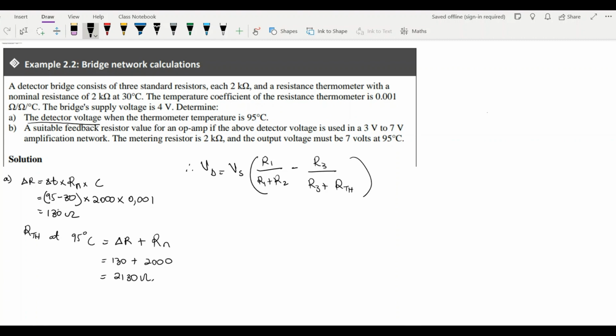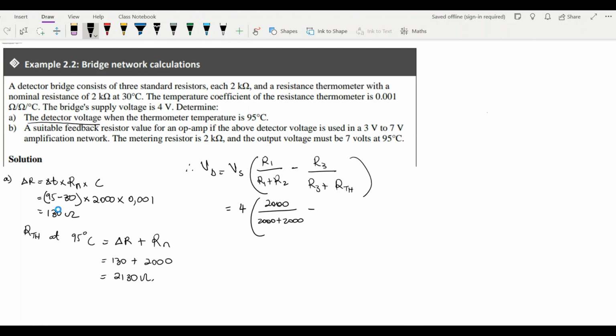But in this case, we needed to calculate the thermometer resistance, not the nominal resistance, which is why we calculated it this way. So here we'll make our substitution. We're having 2000 ohms divided by 2000 plus 2000, since all resistors in this case are the same.